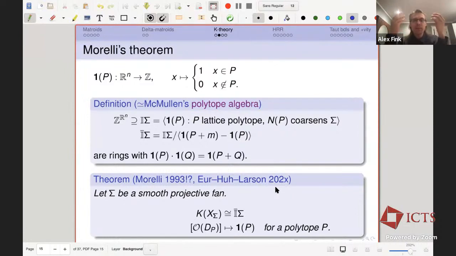So this is a theorem that describes the K-ring of a smooth projective toric variety, and it describes it in terms of polytopes.